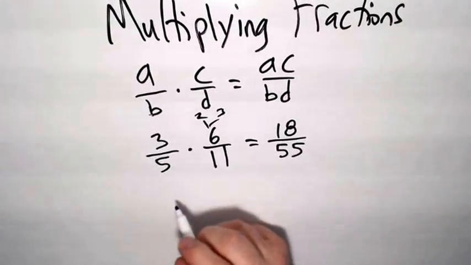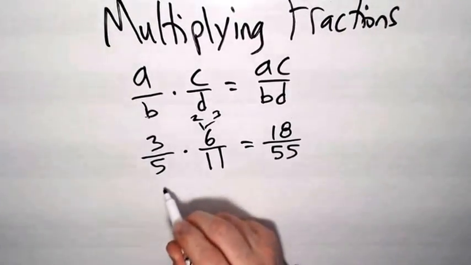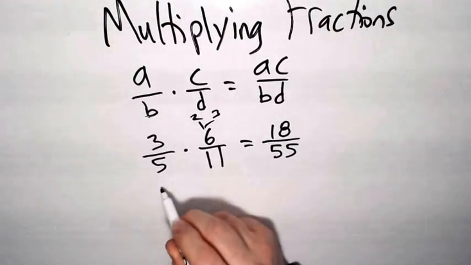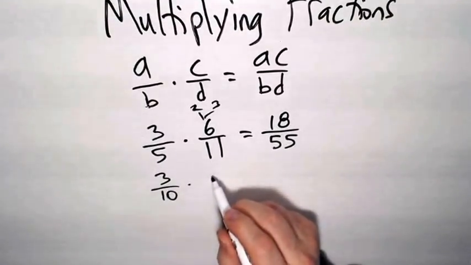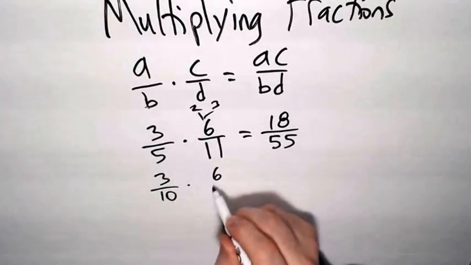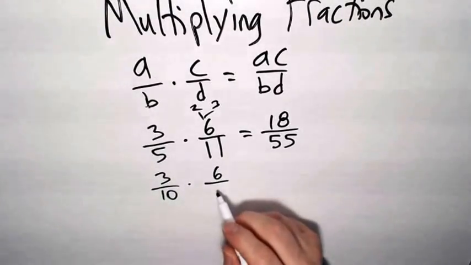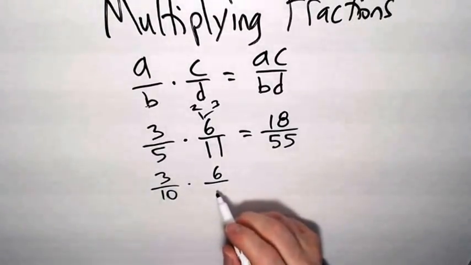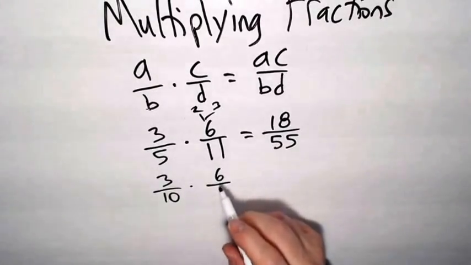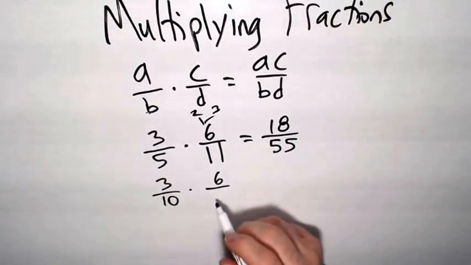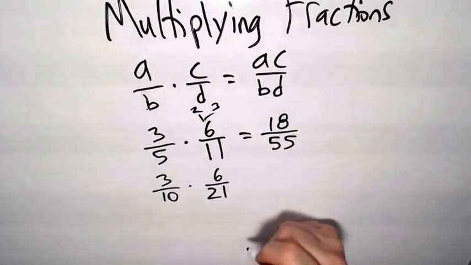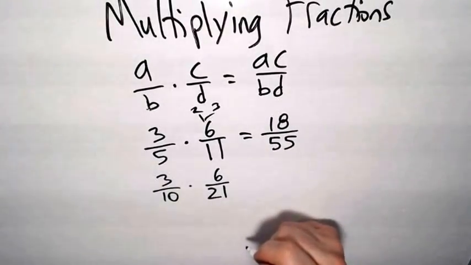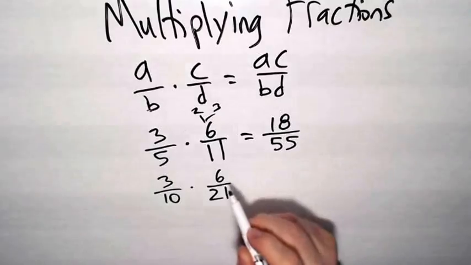And let's do one that does reduce. Let's say we have 3/10 times 6/21. So we can have a couple of reductions here.